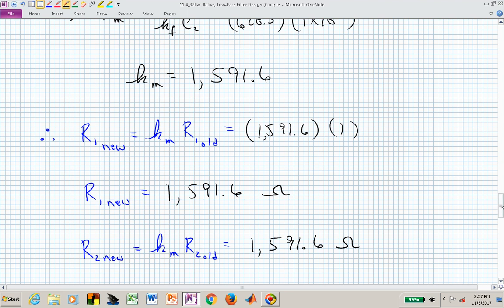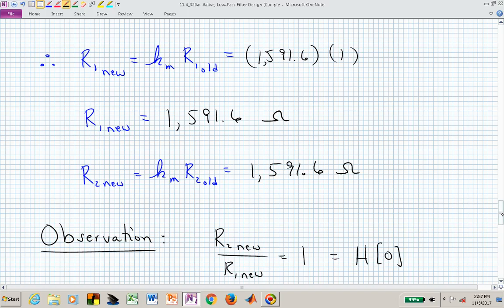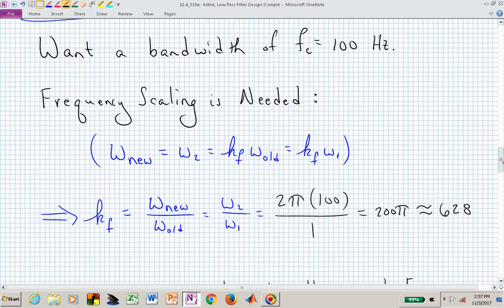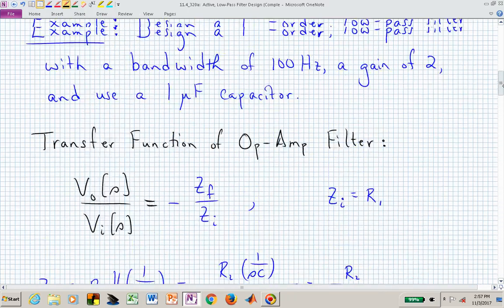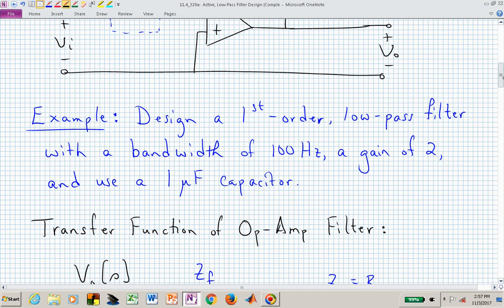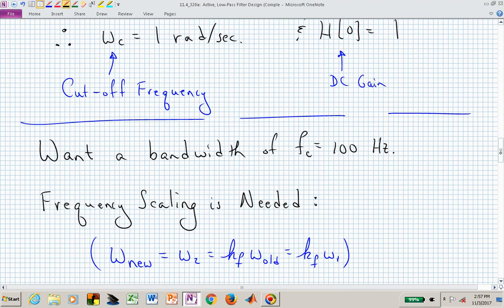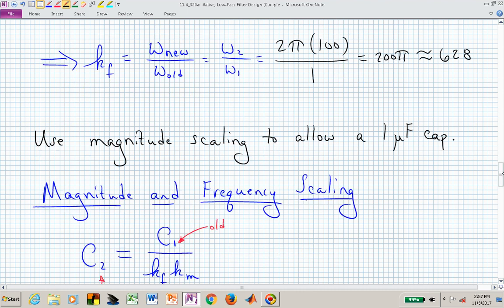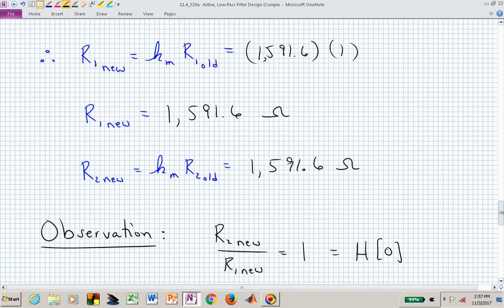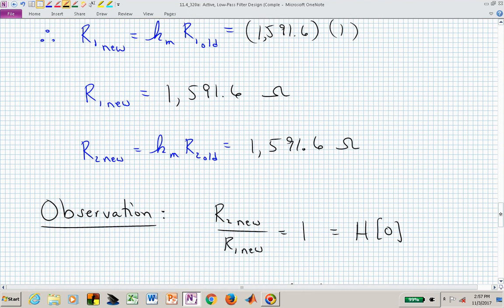But if we go back to our design specifications, we wanted a gain of 2. And what is our DC gain for these R's and C's that we presently have? Well, our DC gain in terms of R2 and R1 is just their ratio, and in this case, R1 new and R2 new are the same numerically, so their ratio is 1.